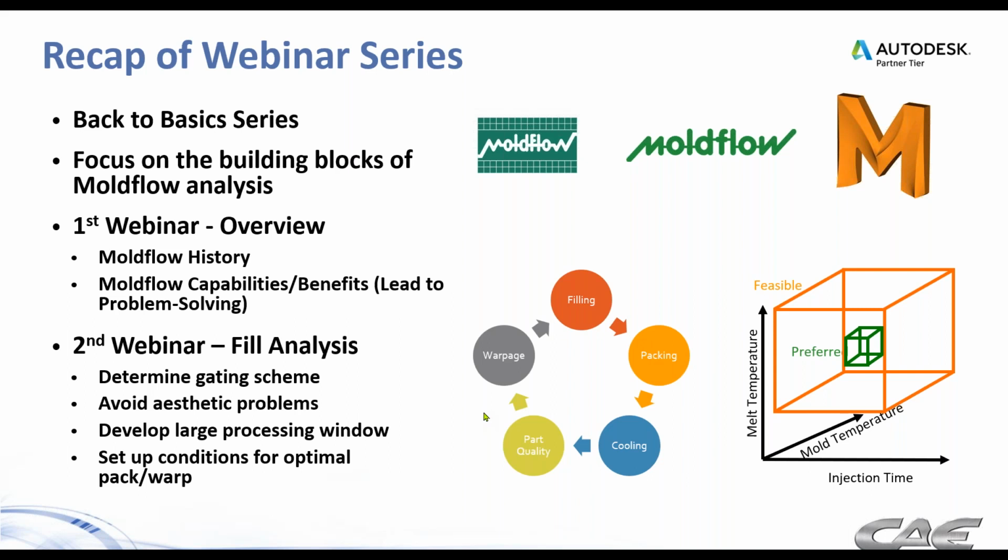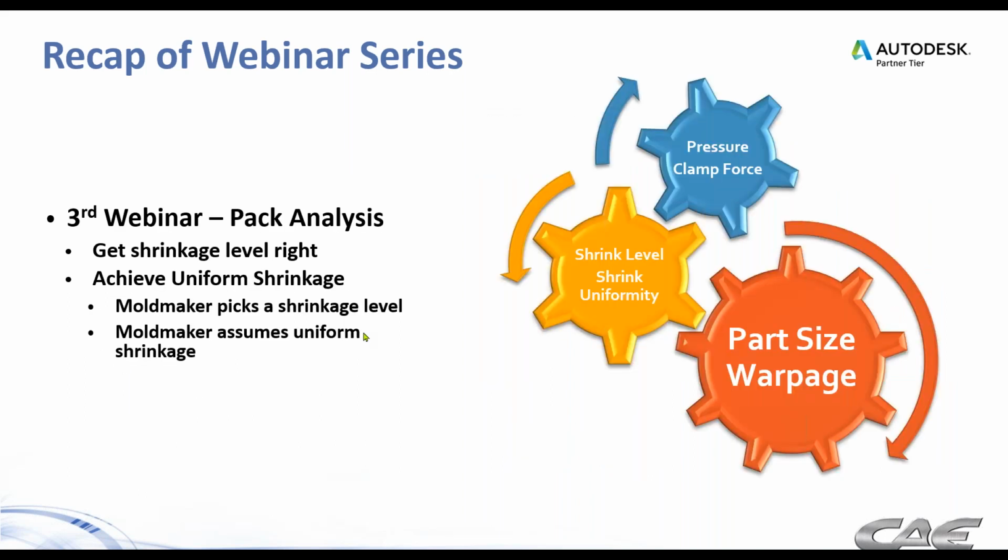So we want to develop the largest processing window possible so that we have a better chance for success. And then, setting all these things up in filling analysis kind of snowballs. It sets us up for success down the road for packing, optimal packing, and reduced warpage.